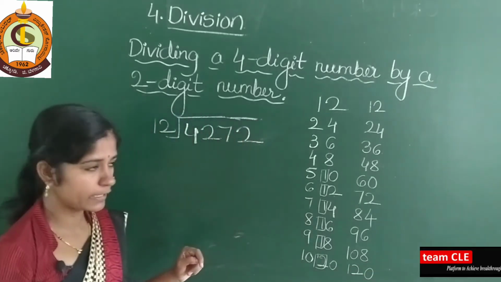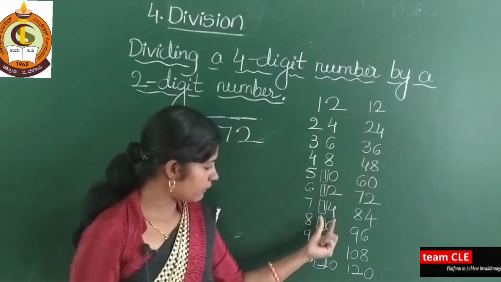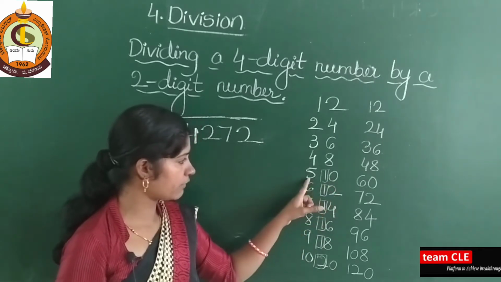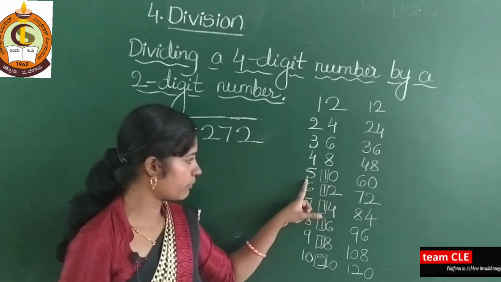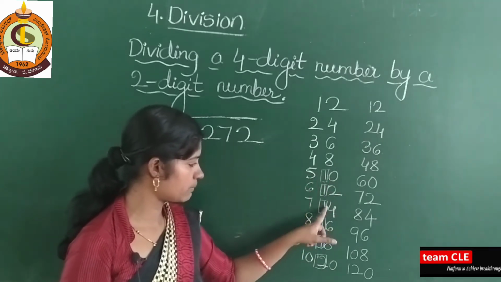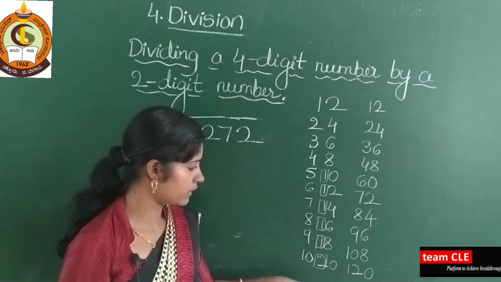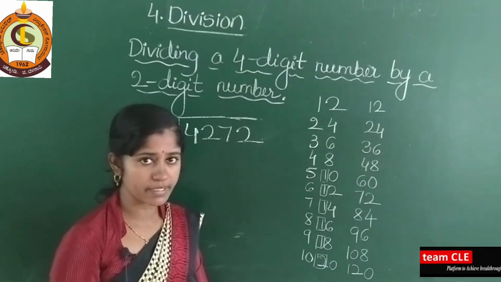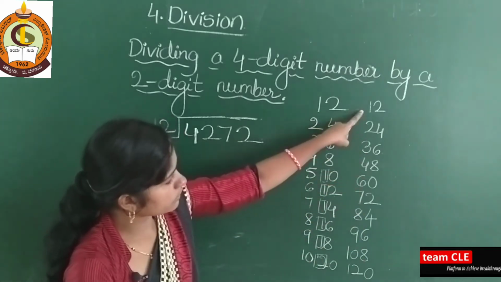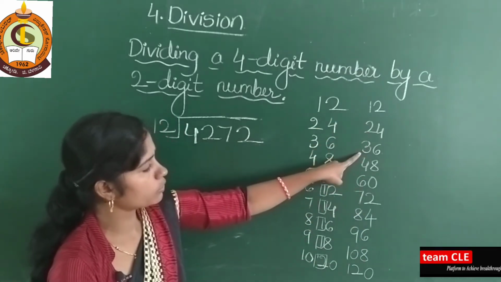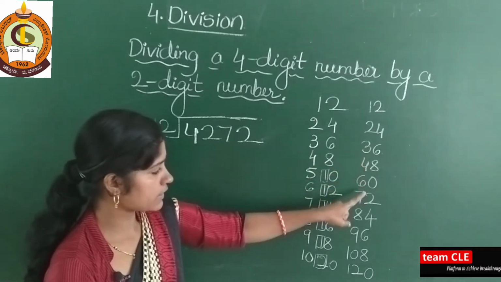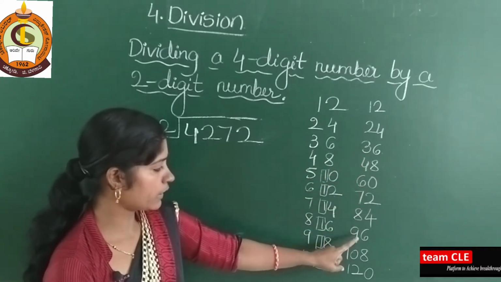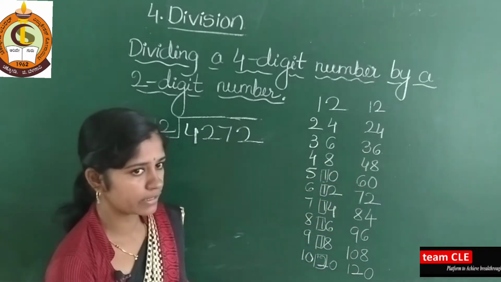I hope you are getting my point. See here, wherever you find the 3 digits, here 5, 1, 0, add this number: 5 plus 1, 6 plus 1, 7 plus 1, 8 plus 1, 9 plus 1. If you add that, then the 12 ones table is ready. See here, 12 ones are 12, 12 twos are 24, 12 threes are 36, 48, 60, 72, 84, 96, 108 and 120.